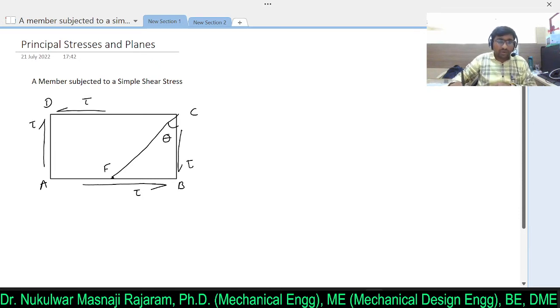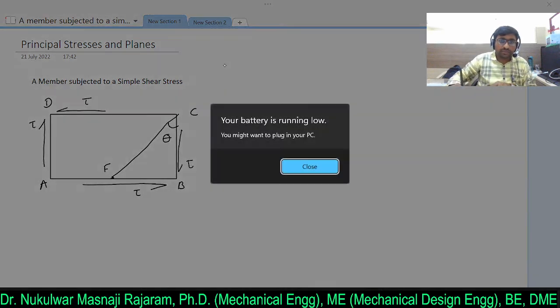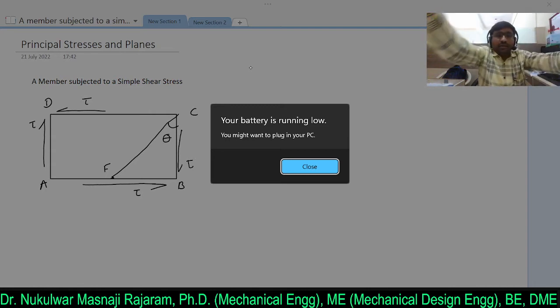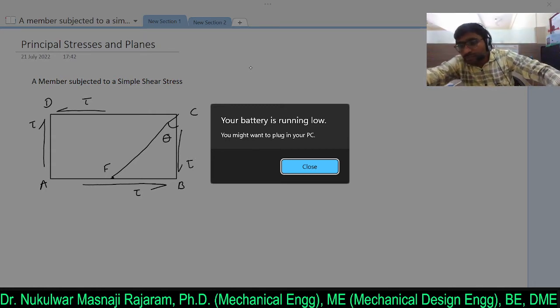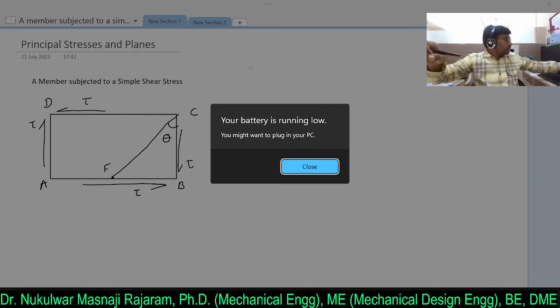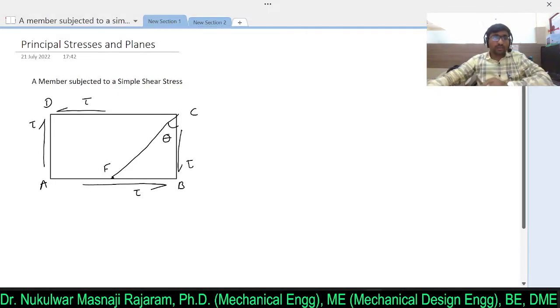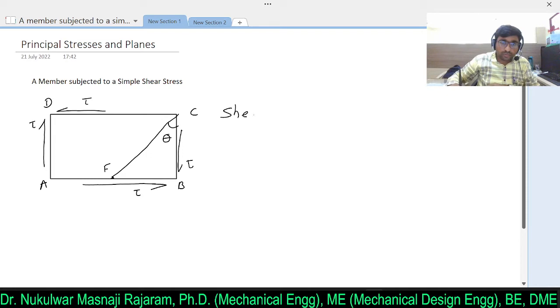So the force acting on this particular plane BC. I will first evaluate the force acting on plane BC. Clear? So let's write the shear force on BC. That will be equal to tau into area, that is BC into 1.